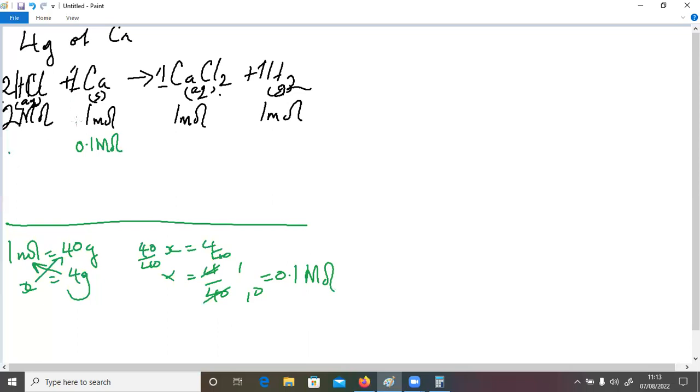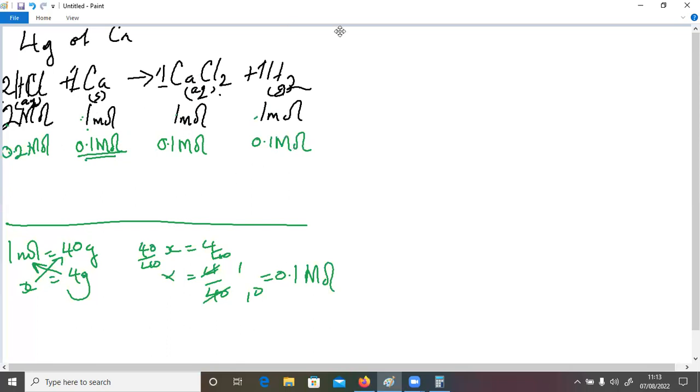This one has been multiplied by 2 to get 2, so I multiply this by 2 to get 0.2 mole. 1 mole of calcium produces 1 mole of calcium chloride, so 0.1 mole will produce 0.1 mole. 1 mole of calcium produces 1 mole of hydrogen gas, so 0.1 mole of calcium will produce 0.1 mole of hydrogen gas.